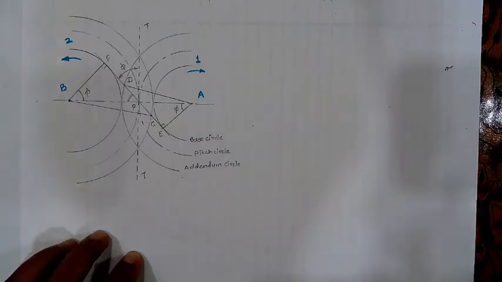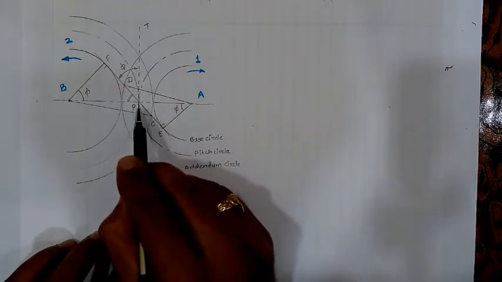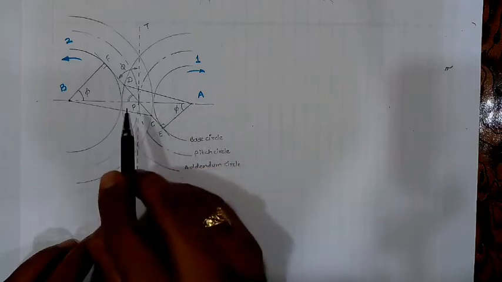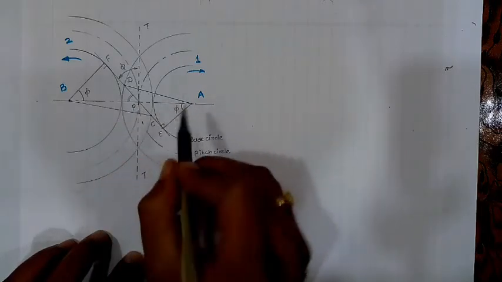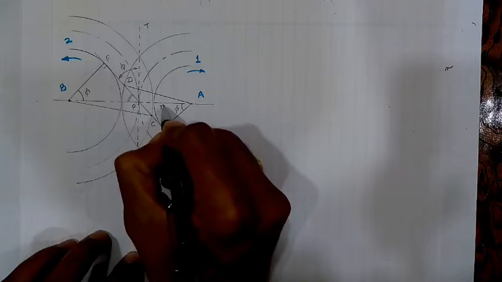Now let us consider the pitch circle radius of the pinion is indicated by small r.